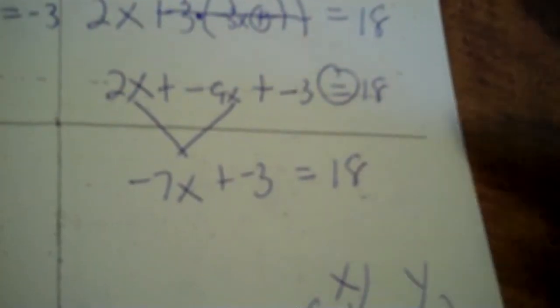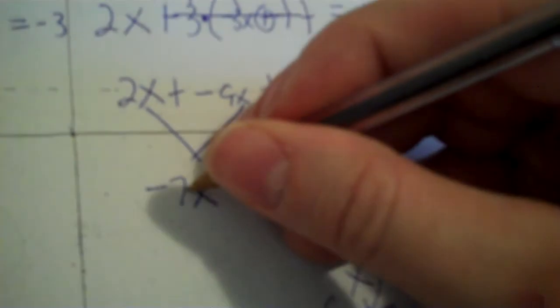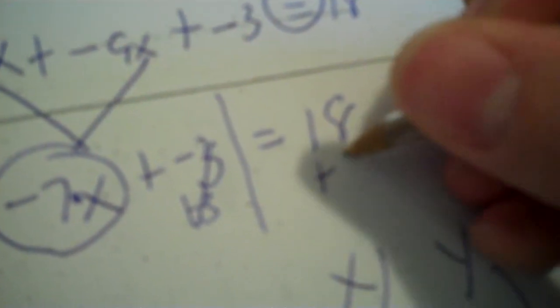So we have a negative 7x plus a negative 3 equals 18. So you add 3 because it's negative 3, and that's 21. And then divide by negative 7. 21 divided by negative 7 is negative 3. So x equals negative 3.